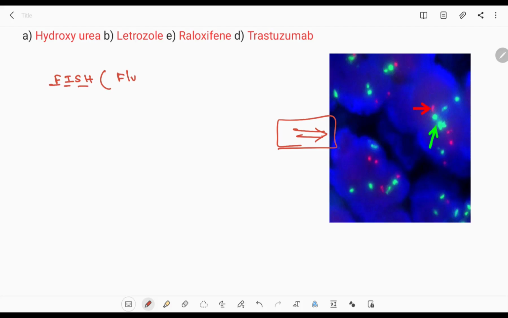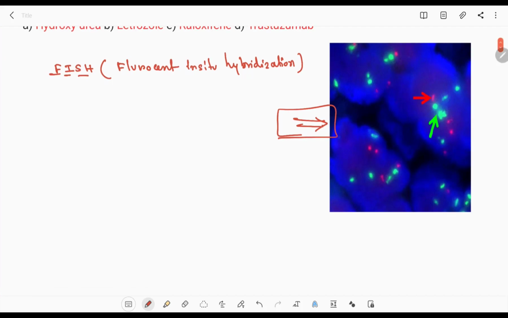We take a fluorescent dye which hybridizes with part of a chromosome or the chromosome itself, to identify the molecular pattern. Remember, the HER2 neu receptor gene is present on chromosome number 17.